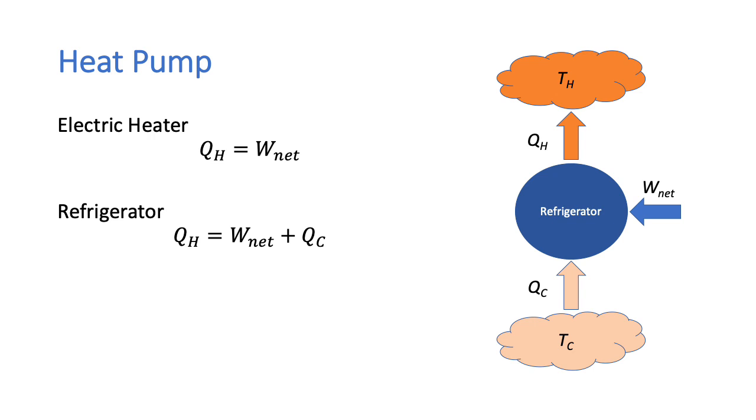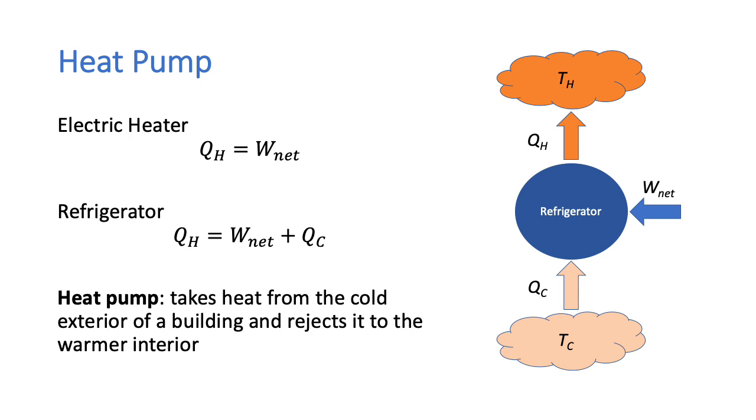In a refrigerator, QH would be equal to W net plus QC, the heat taken from the low temperature region. This is what we would call a heat pump. A heat pump is a device that takes heat from the cold exterior of a building and rejects it to the warmer interior. And we can show that this is a more efficient use of energy than simply dissipating it in an electrical heater.